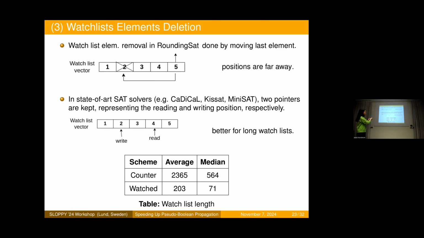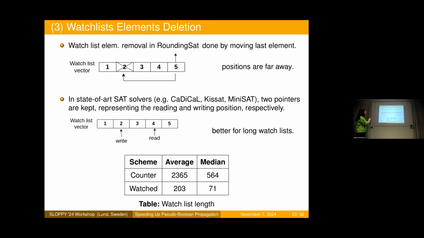But the problem is that the two positions could be very far from each other. Like in our experiments, if we have a super long watch list, like it happens when we use the counter propagation, accessing the last position could likely trigger a cache fault, but on the contrary, it will not happen here.